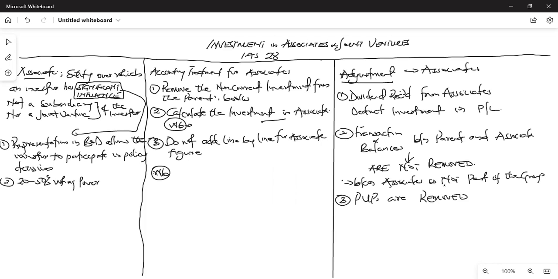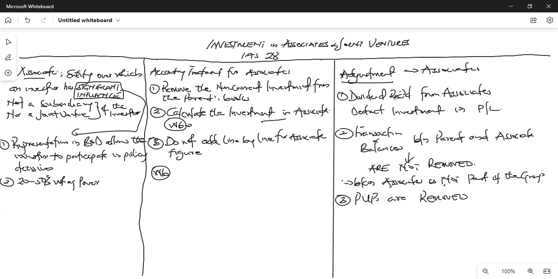And so therefore, what we say is that if the associate sells to the parent, what are you going to do with the PAP? Here we are not concerned about who sold to whom.